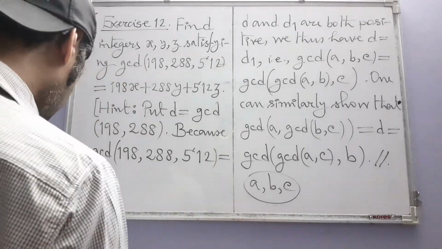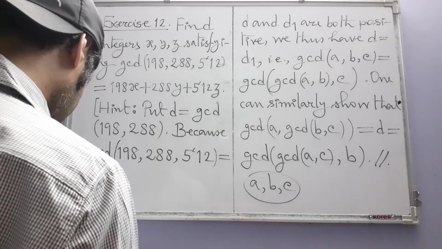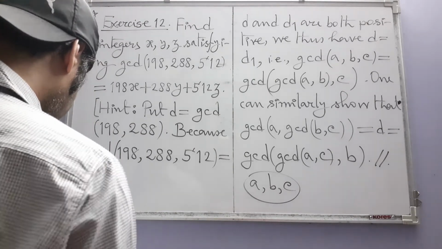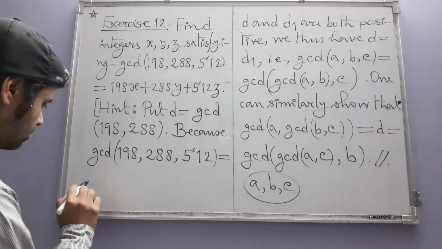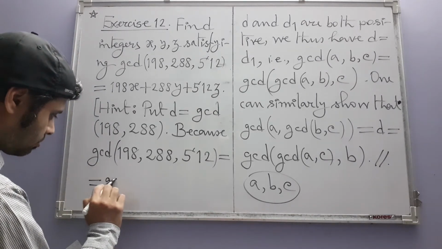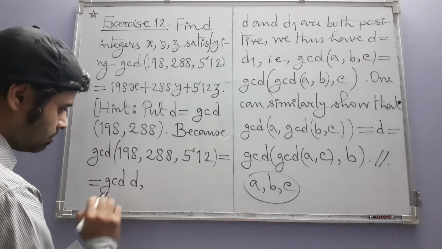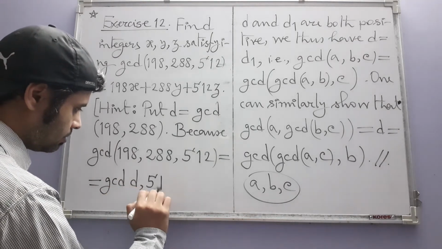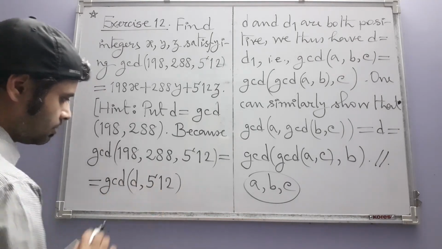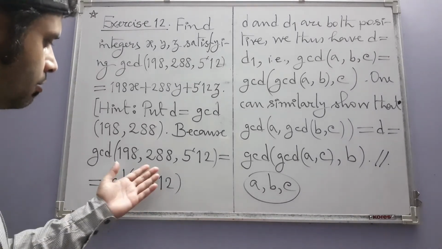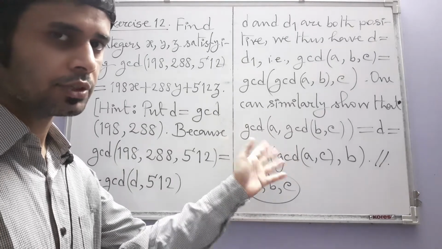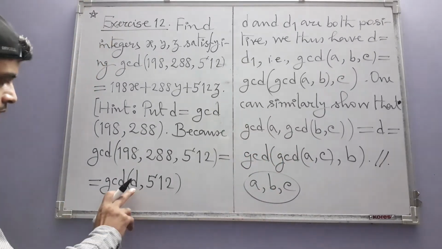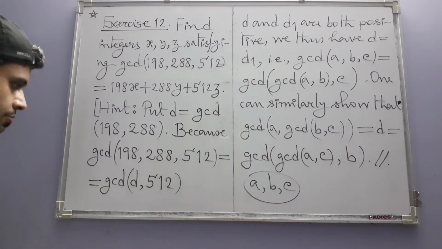Is it a power of 2? Maybe. But anyway, that's not relevant. This is equal to GCD of D and 512. Do you see why they are equal? It is by the previous, whatever we proved just now. By that fact, this GCD is in fact equal to this.